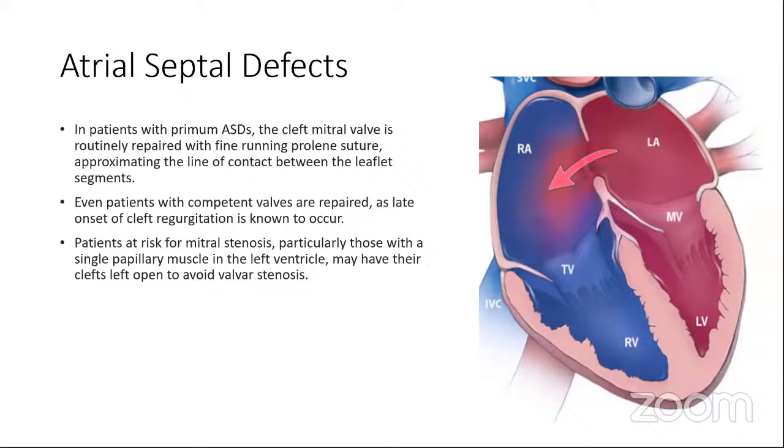In patients with primum ASDs, the cleft mitral valve is routinely repaired with fine running Prolene suture, approximating the line of contact between the leaflet segments. Even patients with competent valves are repaired, as late onset of cleft regurgitation is known to occur. Patients at risk for mitral stenosis, particularly those with a single papillary muscle in the left ventricle, may have their clefts left open to avoid valvular stenosis.